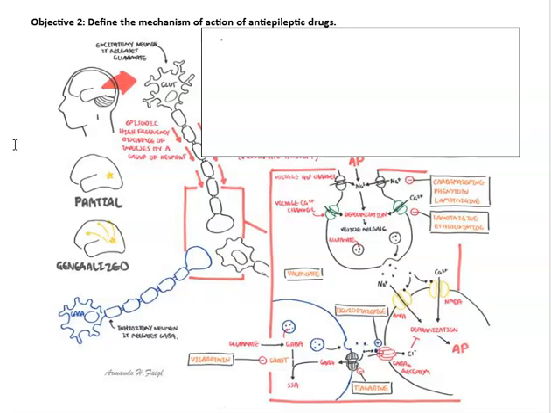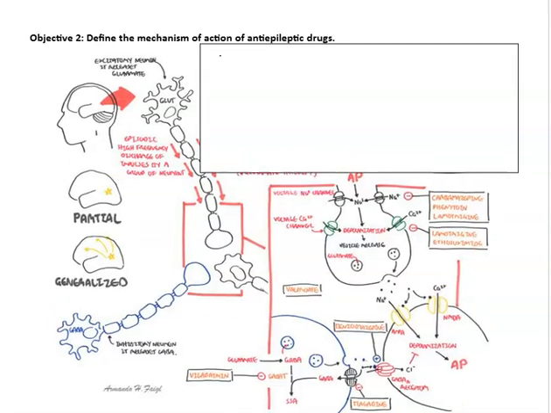What's the main inhibitory neurotransmitter? GABA. And so when we think about designing drugs to prevent that excess activity, what we want to do is stop the glutamate activity or increase the GABA activity. And what you'll see with all the drugs that we're going to look at is that there are multiple ways of doing that.